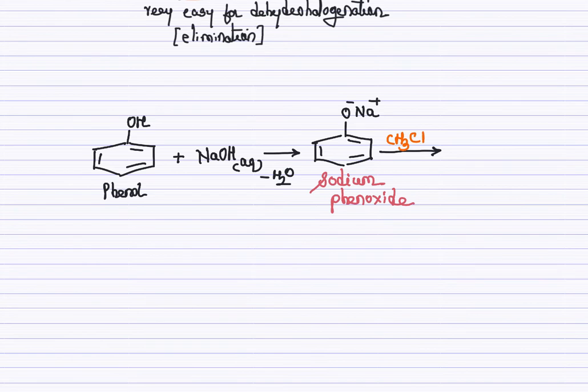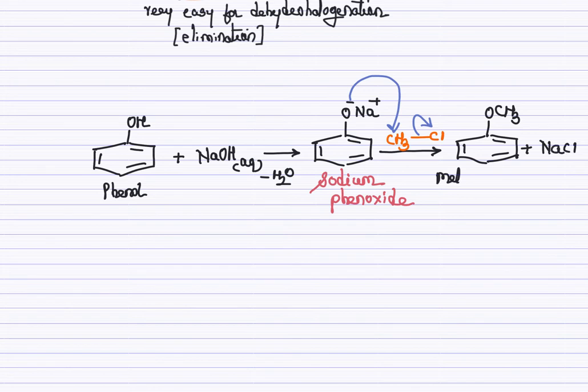And this sodium phenoxide can be further treated with an alkyl halide, anything like CH3Cl. And now in that case, you find that there is SN2 attack. I may even show chlorine a little away so that I can show that this leaves, and you end up in getting OCH3 plus NaCl.